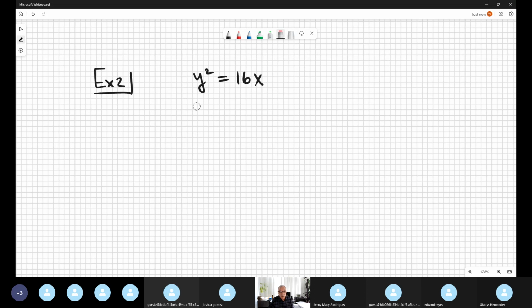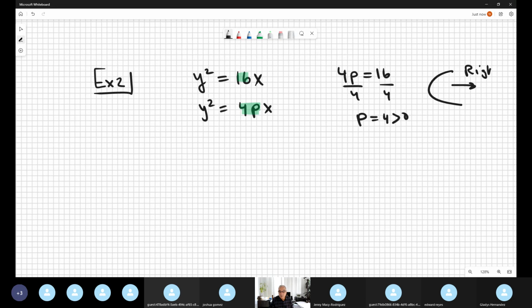Entonces you take the equation y squared equal 4px and you put equal each other, 4p and 16. The 4p is equal to 16, divided by 4 both sides, p is 4. And 4 is positive, entonces es obvio que la parábola opens to the right.